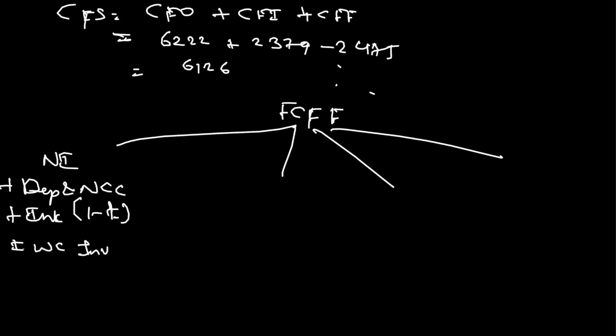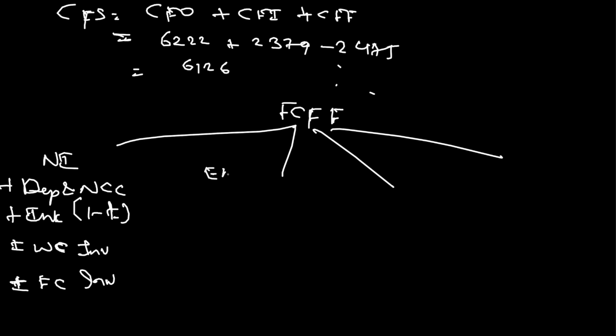Depending upon the situation, we have to decide whether it should be added or subtracted. Mostly it will be minus, but exceptionally it can be added as well, which we will be seeing in this sum. Then plus or minus fixed capital investments. Even here mostly it will be minus, but in some cases it can be added as well. Why so, we will be seeing in some time. So this is the formula for free cash flow to the firm.